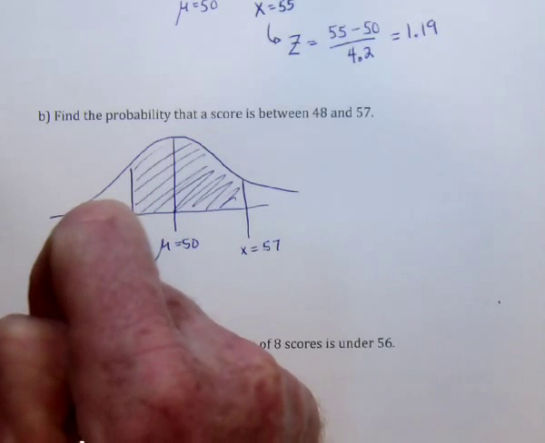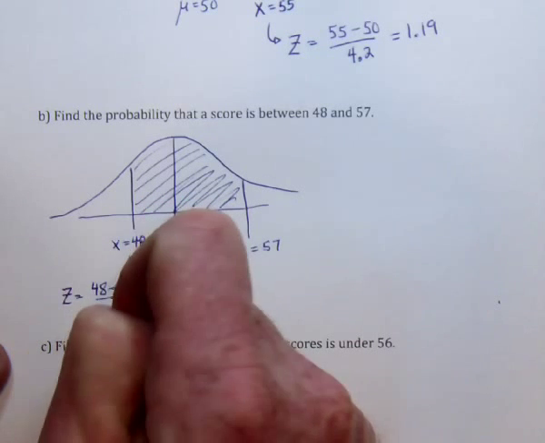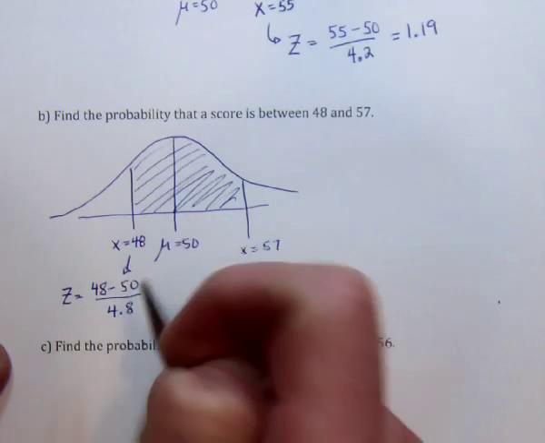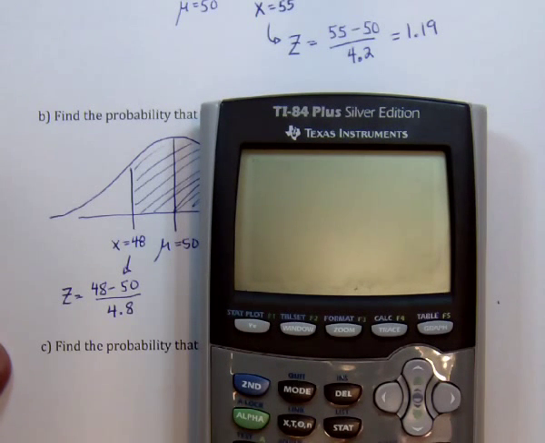So the z-score for this one is going to look like 48 minus 50 divided by 4.2. And we need to round that to 2 decimals, so we're going to have to go with negative 0.48.